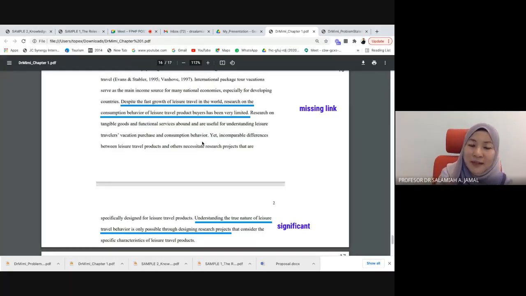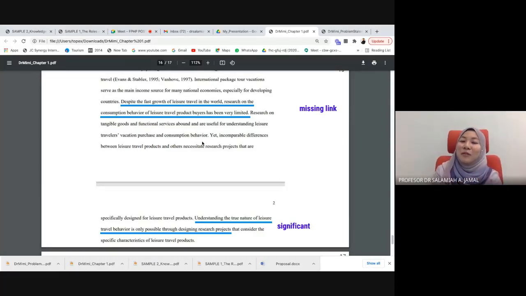before you write that, make sure that you have scanned your literature. Because we don't want to simply write the missing link without looking or referring to the literature. When you write that something is limited or still underexplored, you must know what has actually been vastly researched in this area, in your area.